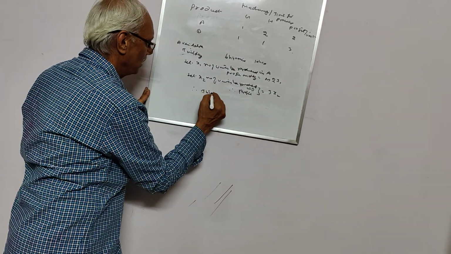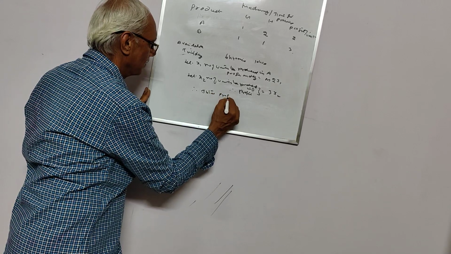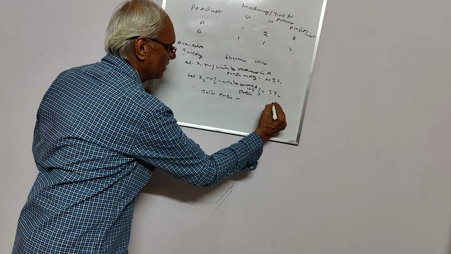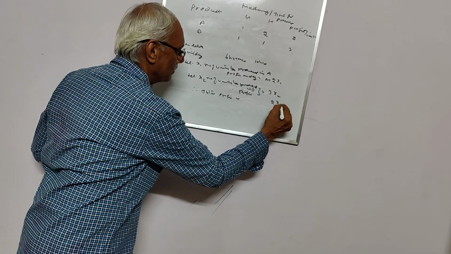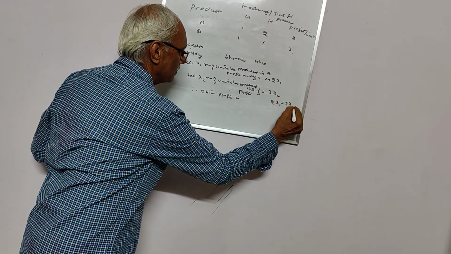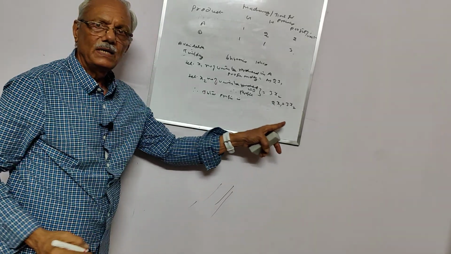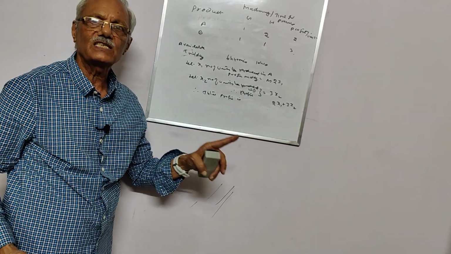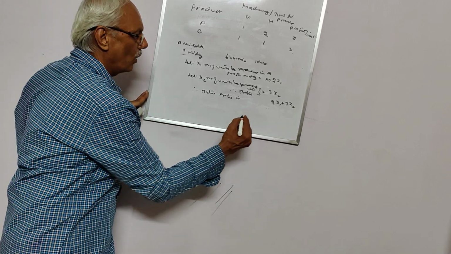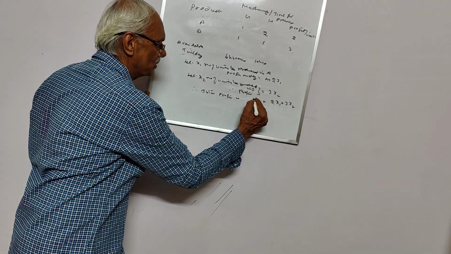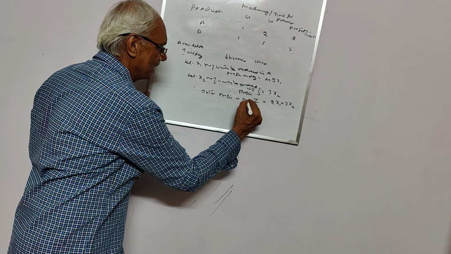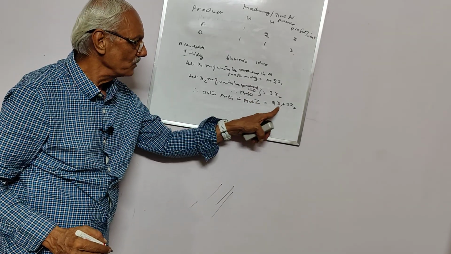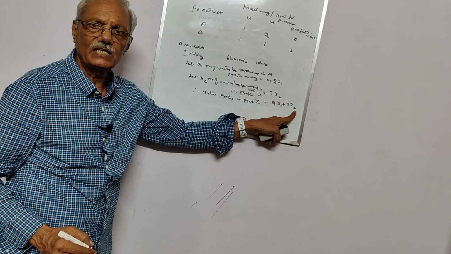Therefore the total profit is 2x1 plus 3x2. Now this has to be maximized. I'll call this function the objective function Z, and we have to maximize this Z, which depends on the values of x1 and x2.